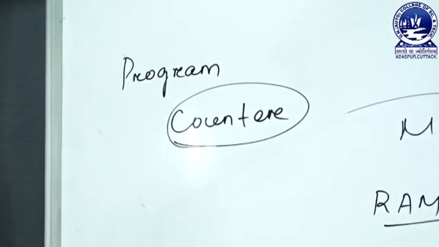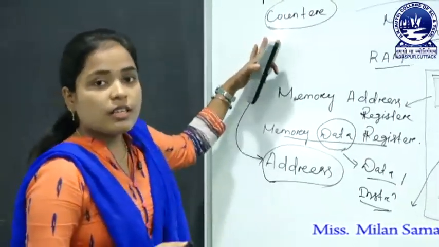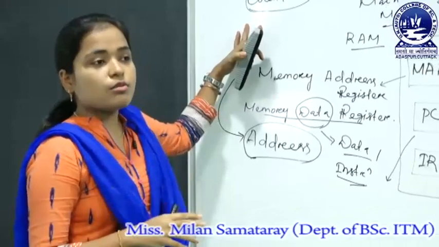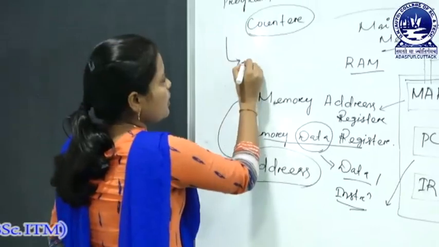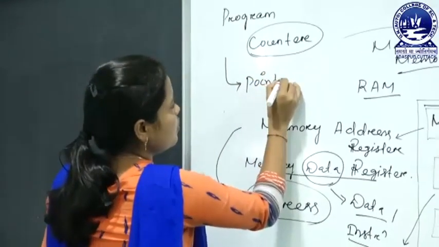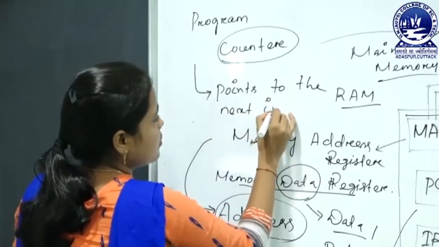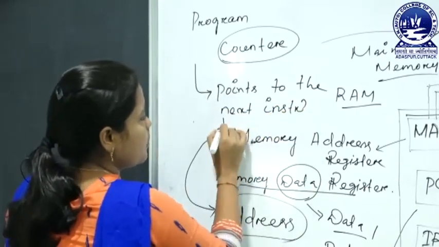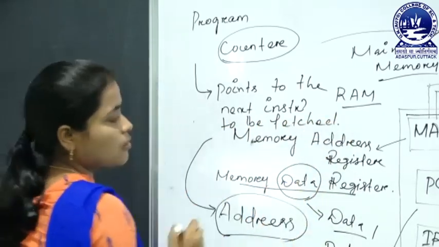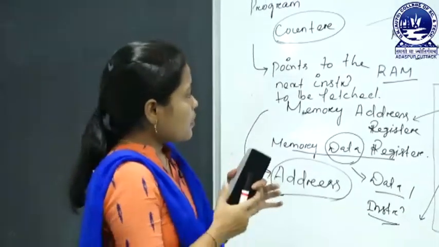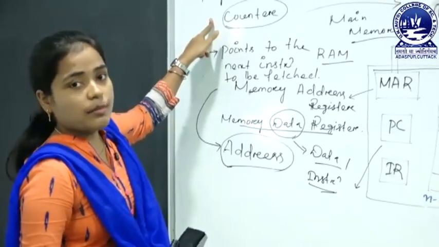It will count the number of instructions in a program, and it will point to the next instruction to be executed, that is, the next instruction to be fetched. So the next instruction address is stored in the program counter.